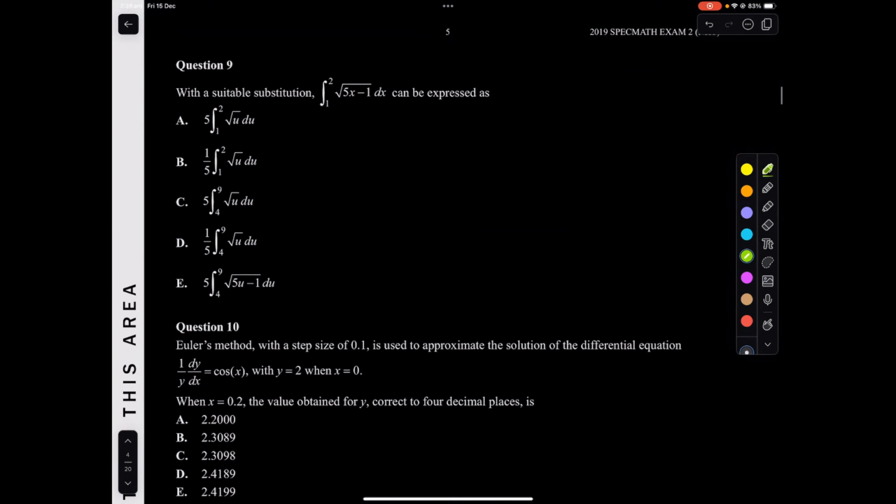Done. Question 9. With a suitable substitution, this can be expressed as what? Okay, if we let u be 5x minus 1, dx is going to be 1 over the derivative, so 1/5 du. To rewrite this, the terminals: if I sub in 1 here, it's 5 minus 1, so it'll be 4, and then for 2, 10 minus 1, which is 9.